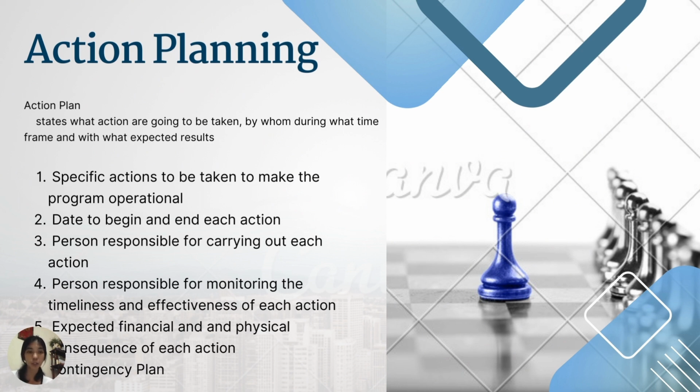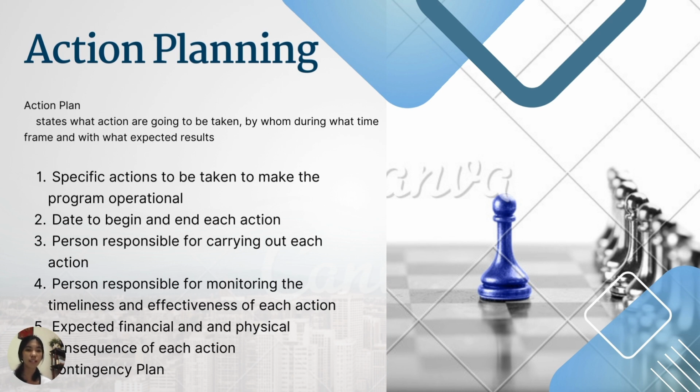A successful action plan needs to be specific in the action to be taken to make the program operational, the date to begin and end each action, the person responsible for carrying out each action, the person responsible for monitoring the timeliness and effectiveness of each action, and the expected financial and physical consequence of each action.